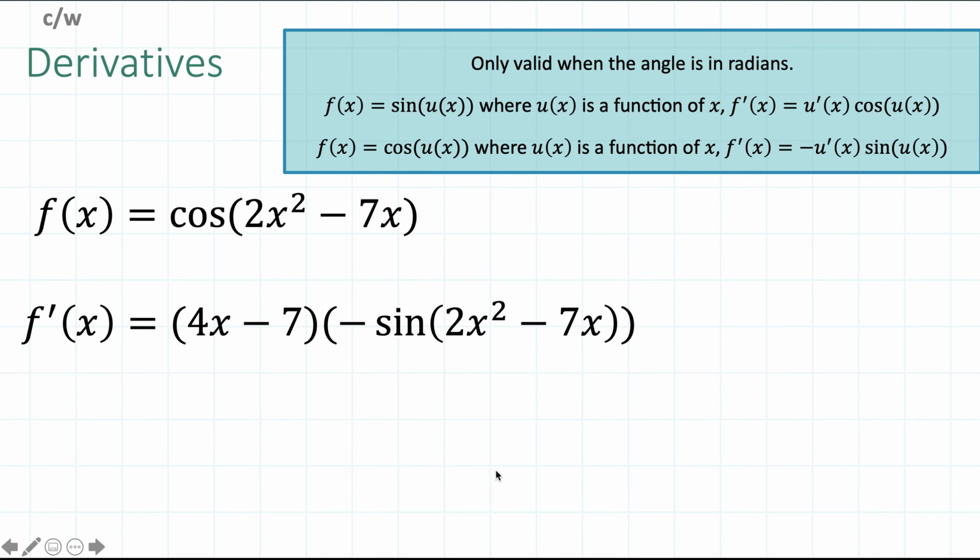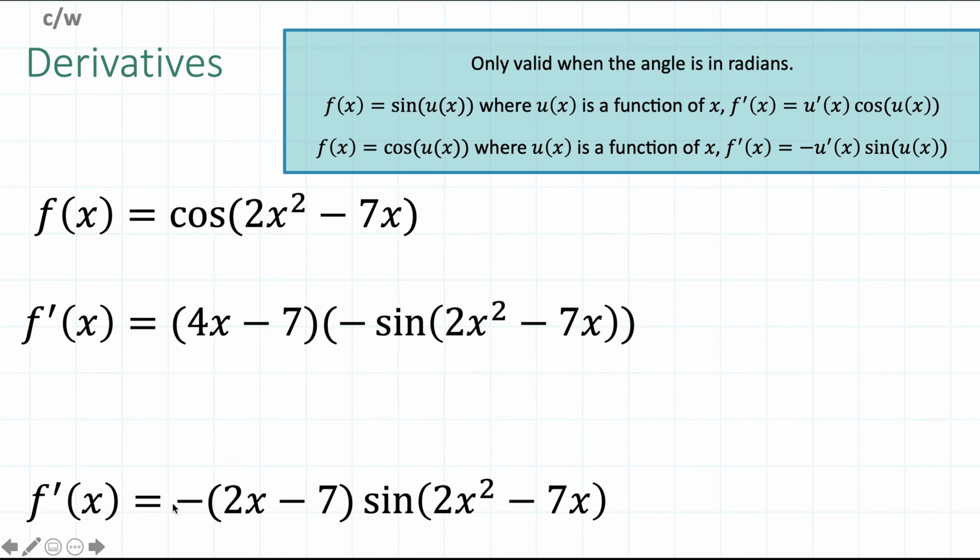Then I can simplify it. I'm bringing the negative to the front, because everything's being multiplied here and here. This negative belongs to both of them, but it came from the derivative of cosine to negative sine, and we put it at the front by convention.